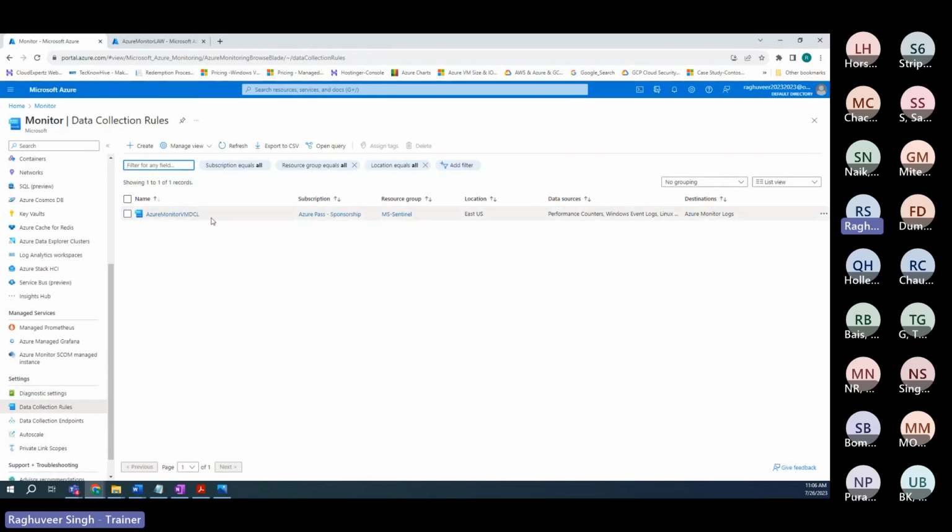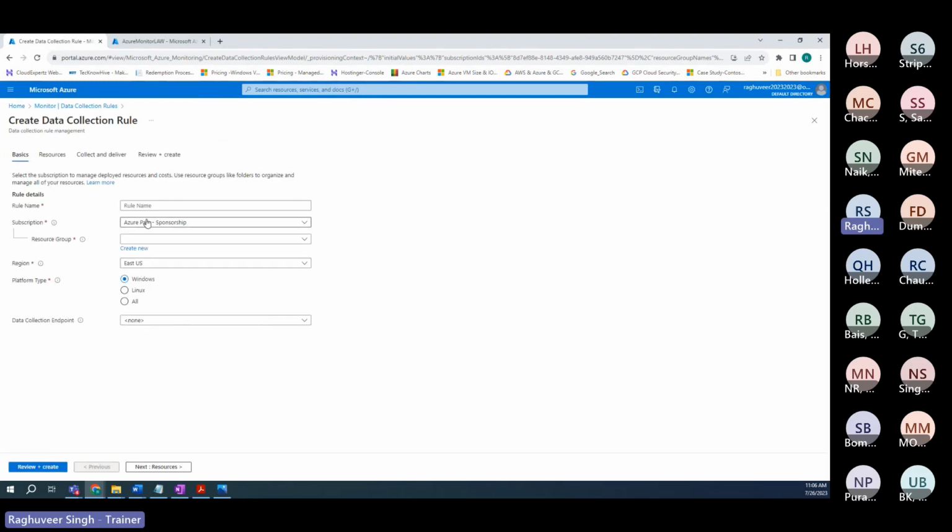This is the pre-configuration. Let's say this is my infra monitoring: CPU and memory utilization, infrastructure specific monitoring data. So I'll select my resource group, let's say this one, and here I will select all, definitely, because I want infrastructure data for all my servers.